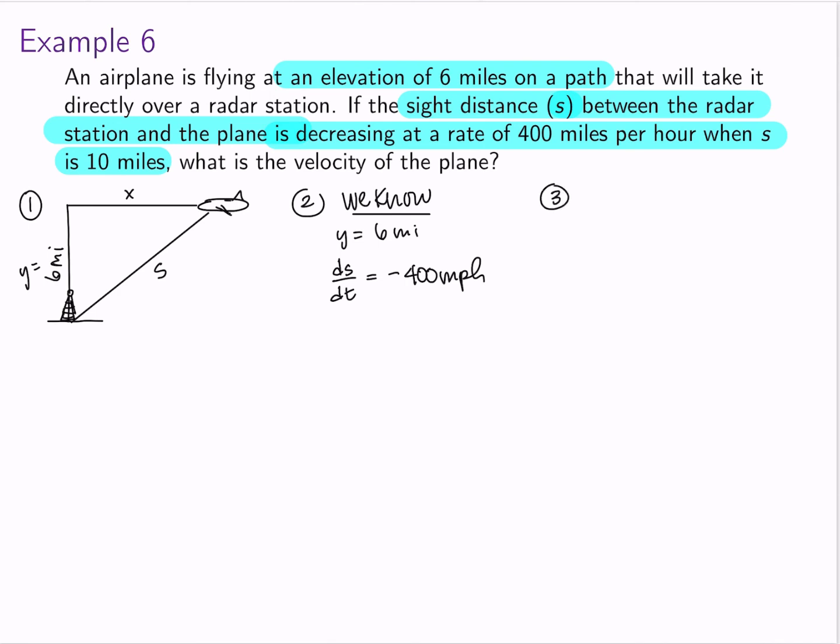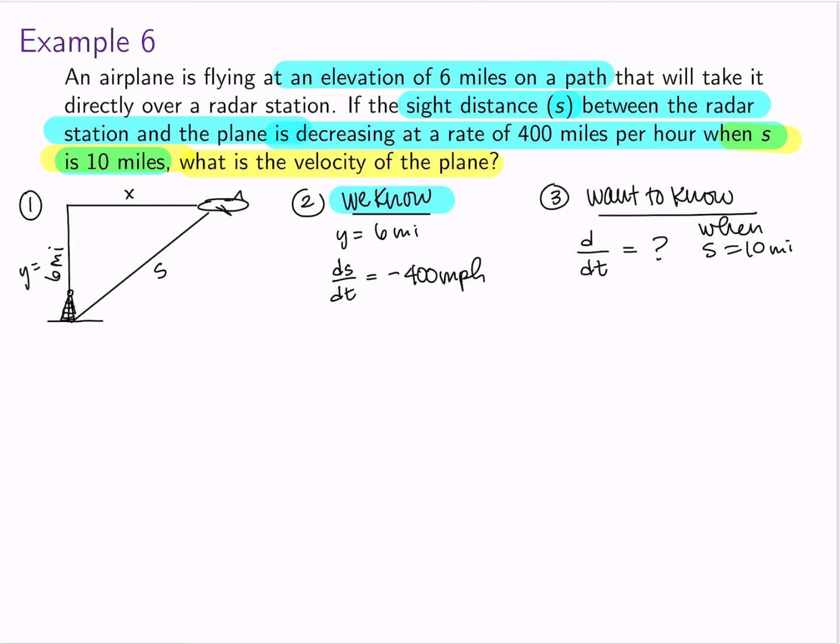We want to know what the velocity is. So step 3, what do we want to know? What is the velocity of the plane? So that was our blue. What is the velocity when s is 10? We'll highlight that too. So what is d something dt when s is 10?